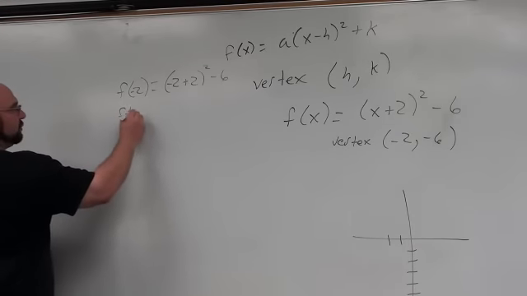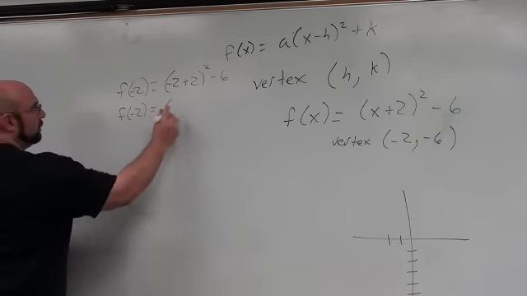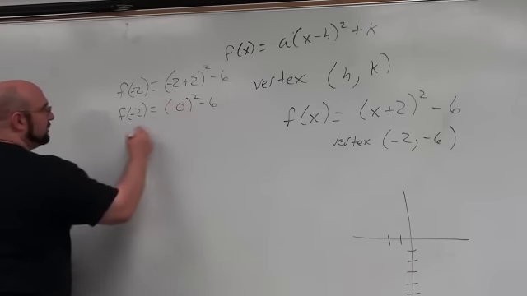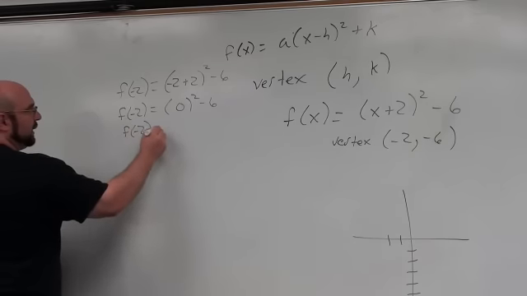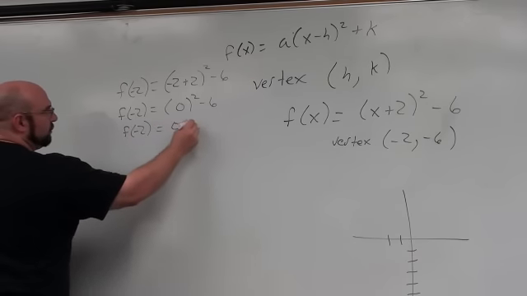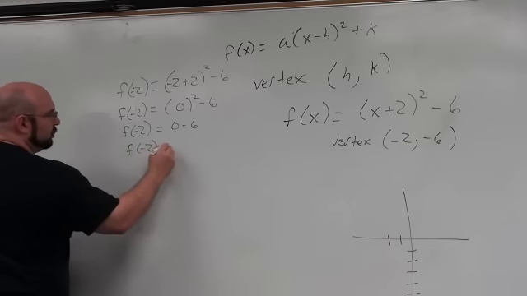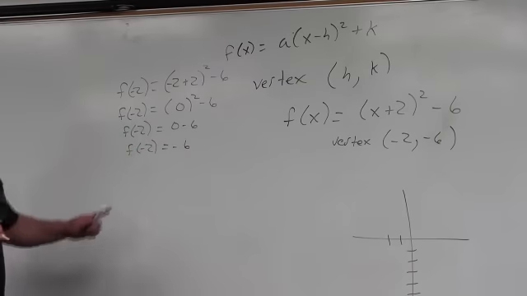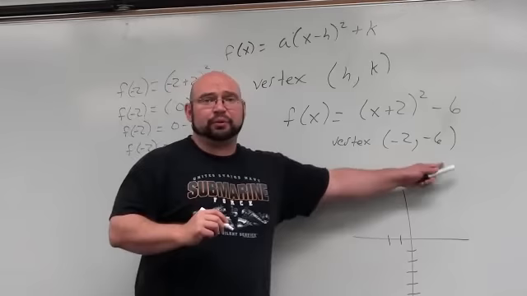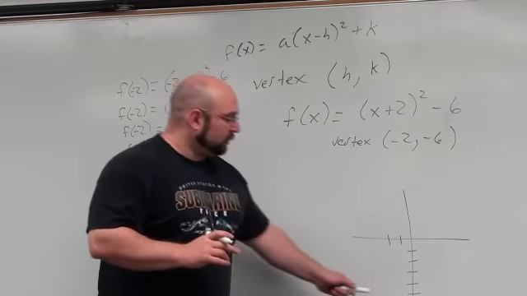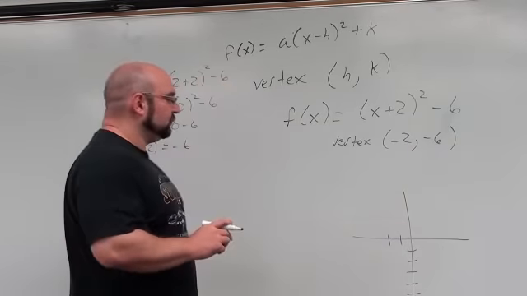So when x is -2, -2 plus 2 is 0, squared, minus 6. So we know f(-2) is 0 minus 6. When x is -2, our y is going to be -6. That's how we come up with these points. So we're going to plug a couple other points in. So here are my points now.